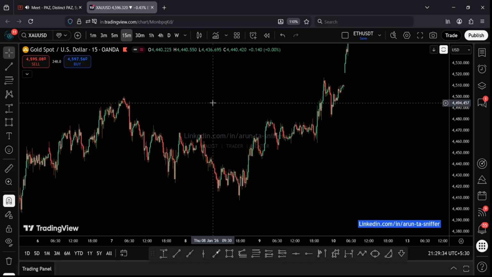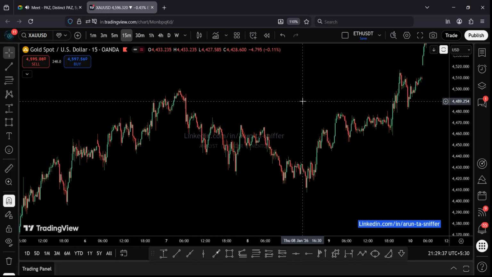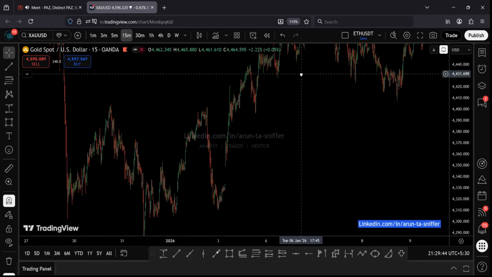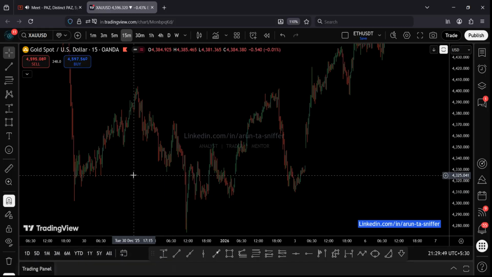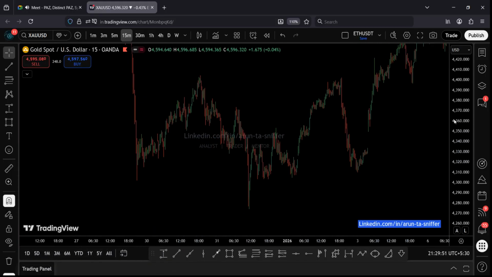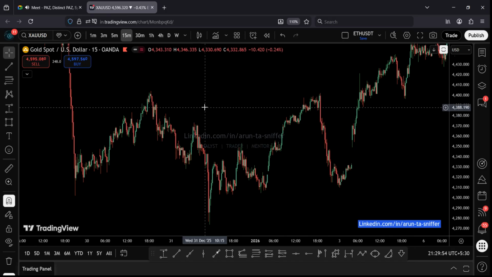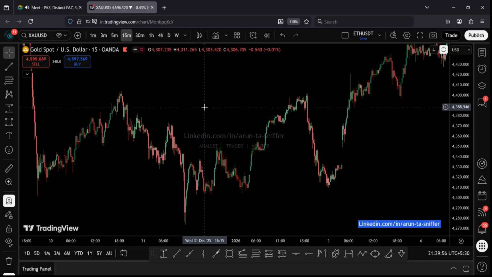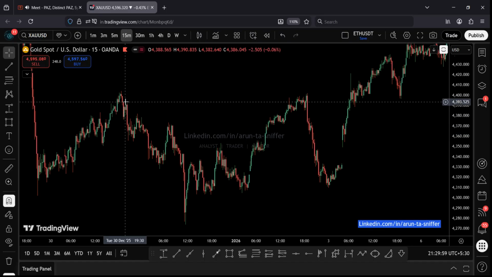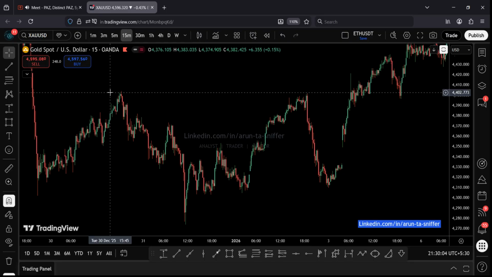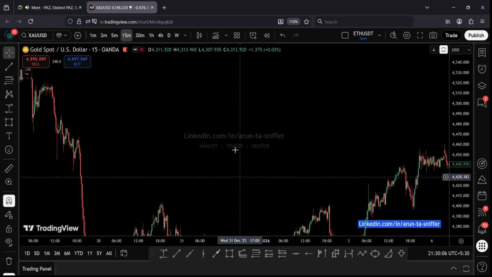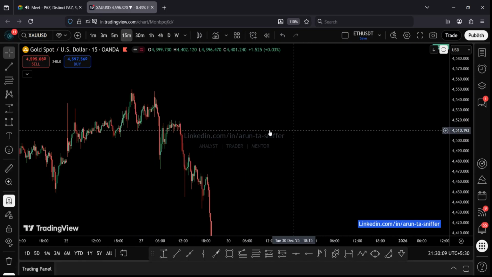Okay, let's find distinct as an example. Tap goes up and no, this is not distinct.